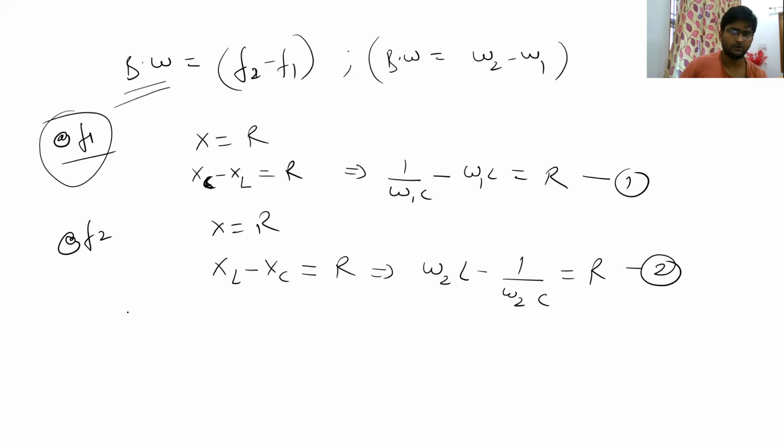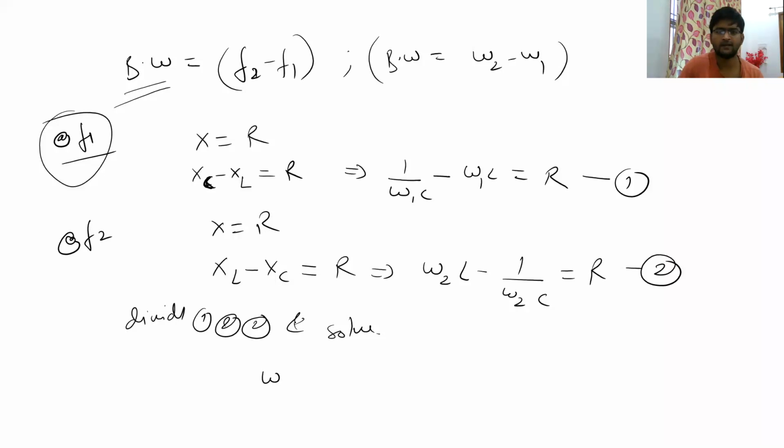So what we will do is divide 1 and 2 and solve these equations. As you do it at your home, divide equation 1 and 2 and solve for omega 1 and omega 2, and you will get omega 1 into omega 2 is equal to 1 upon LC.